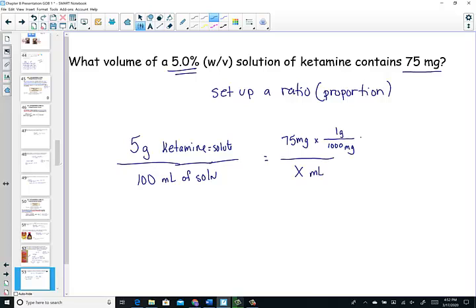So I need to convert that by moving that decimal 3 spaces to the left. That is 0.075 grams of solute. And that needs to go in here so that I have the same units on both sides of the equal.